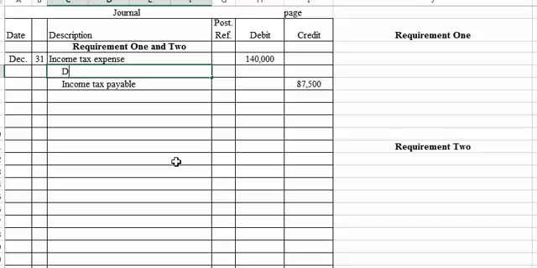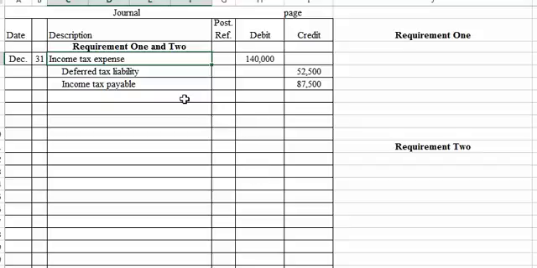So we have what's called a deferred tax liability for the difference, $140,000 minus $87,500. So let's just assume that this temporary difference was created because we're able to take more depreciation expense on the tax return and less on the financial statements. You guys, over time, that's going to work itself out, right?